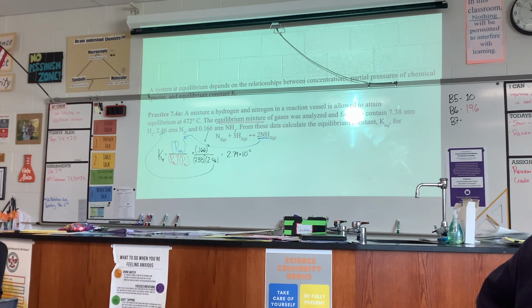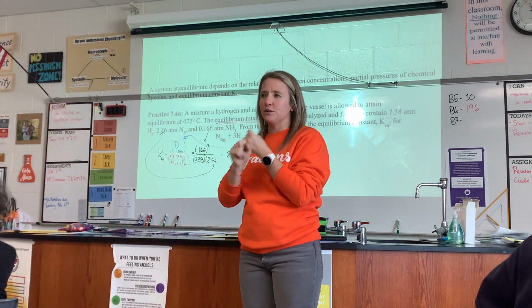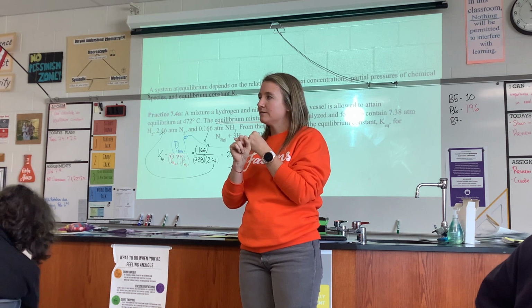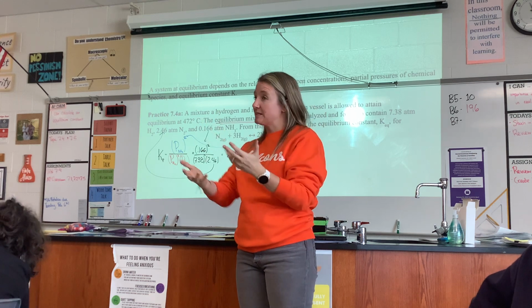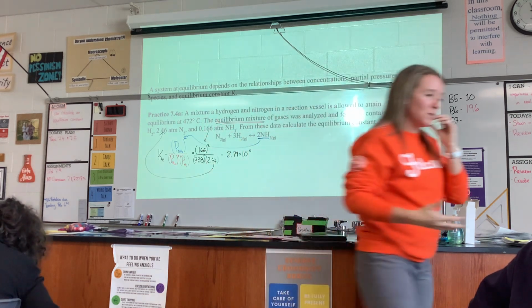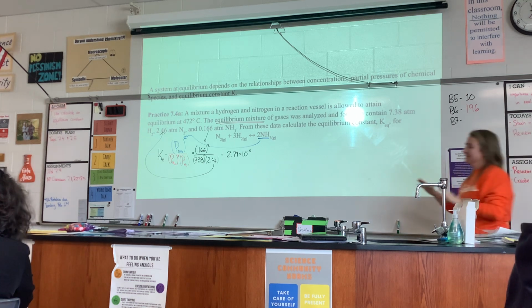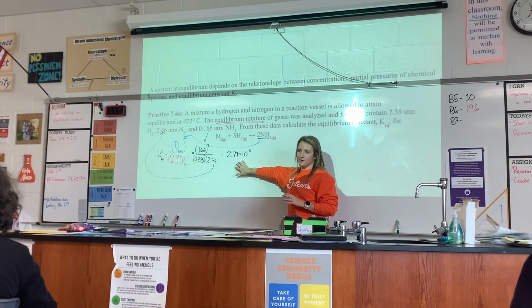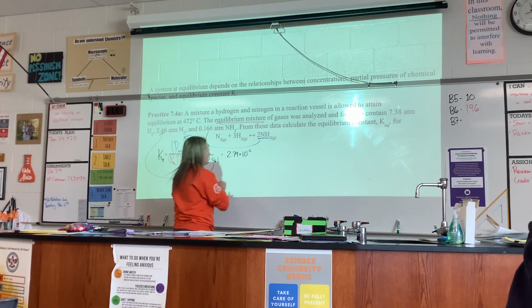With that number, so we mentioned last time, are there any units attached to this number? No, makes your job easy. There's no units ever, because of what it represents. It represents a ratio. So I want you to write it slightly different, but just for understanding's sake. This is what you would write as your answer. But for understanding, write it this way, because I think it will help you understand what it means.